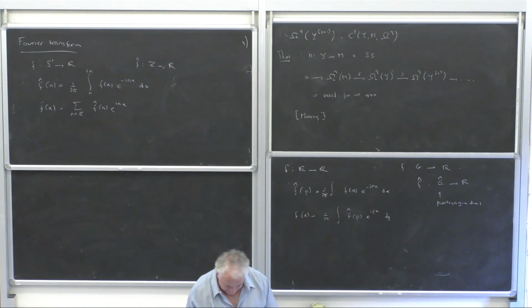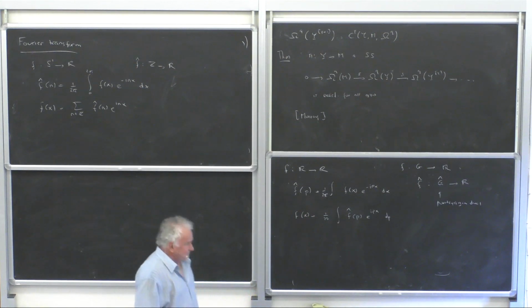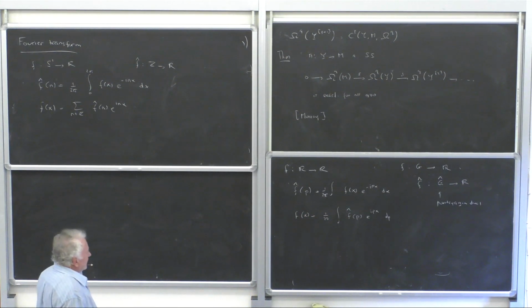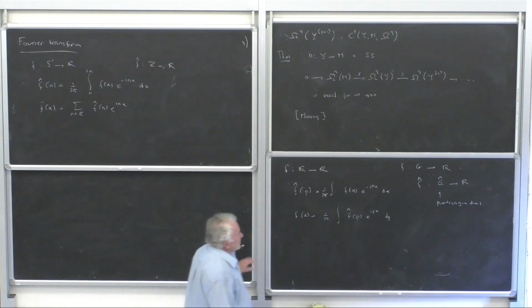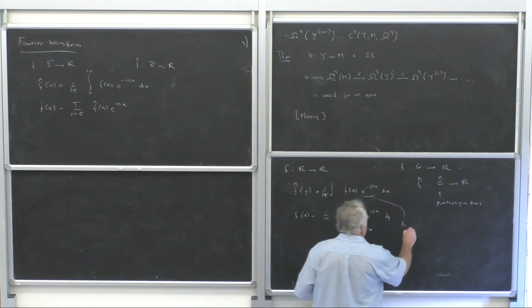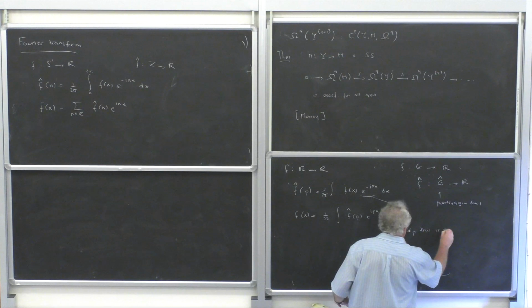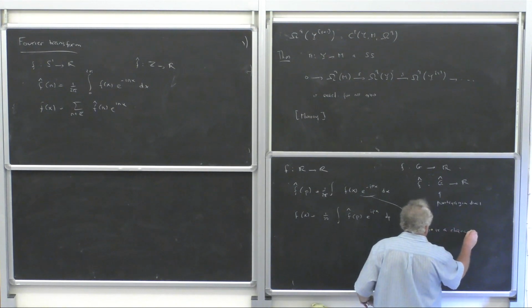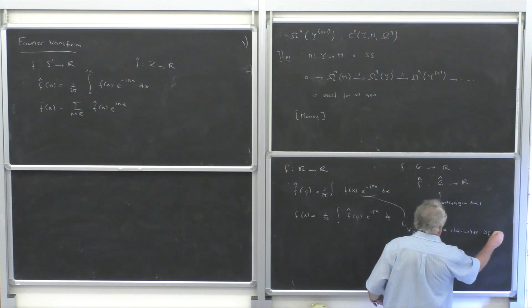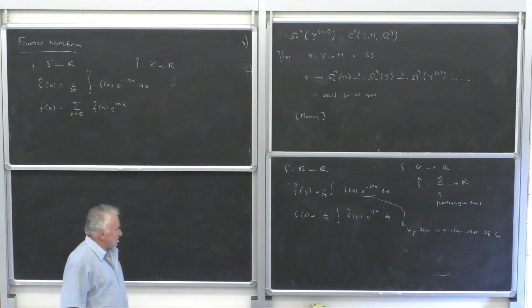So if you want to geometrize this, also this thing you multiply with, for each p, this is a character of G. So it's not any kind of function you multiply with.